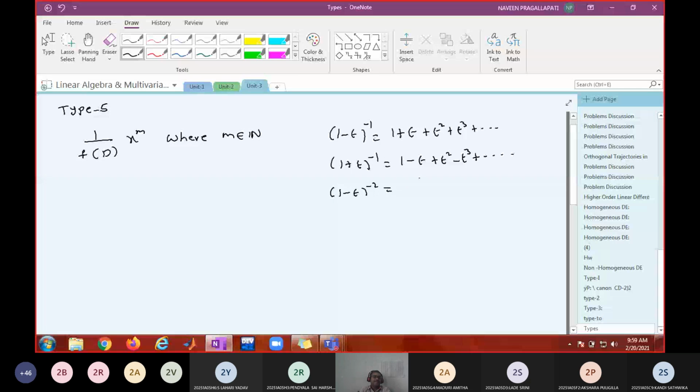Are you with me? Yes, sir. Then please tell me this formula. What is 1 minus t whole power minus 2 expansion? 1 plus 2t plus 3t square plus 4t cube and so on.